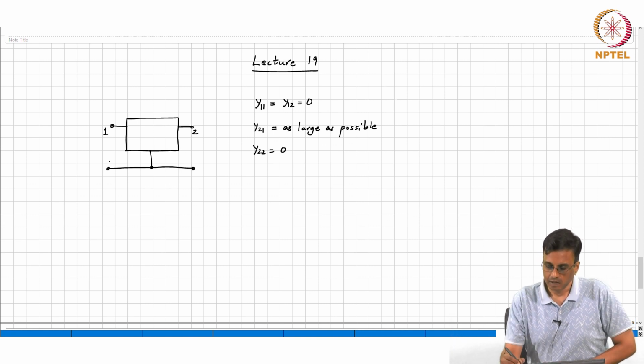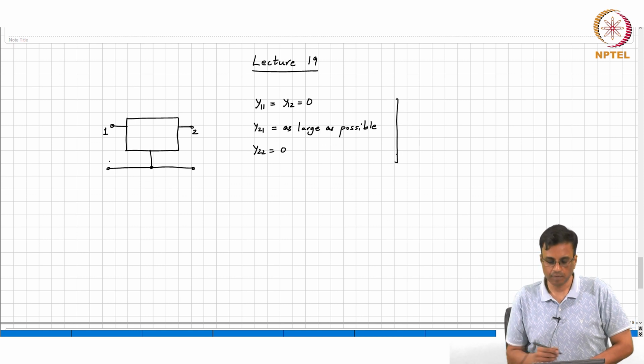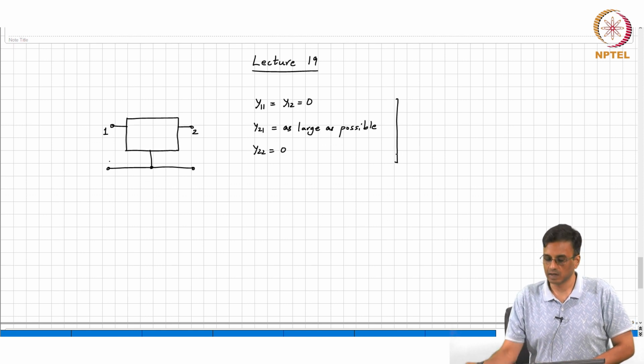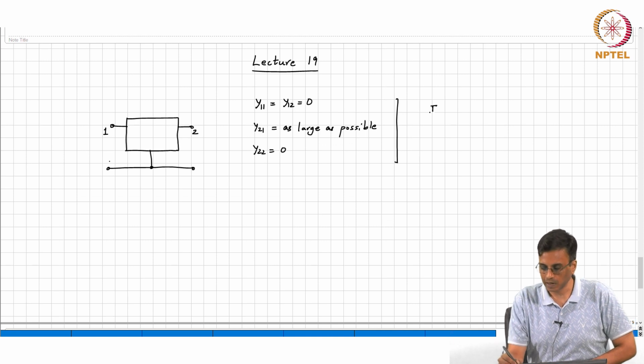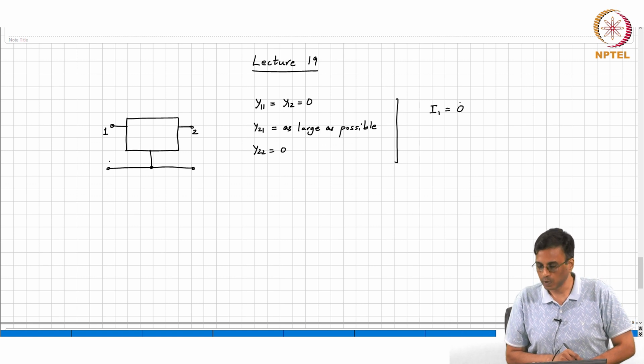And a possible set of characteristics that satisfy these constraints is that port 1 current is 0. Remember that port 1 current need not be 0, all that it needs to be is a constant. If that constant is 0, it is a special case, and it turns out that in practice there are devices which do this.